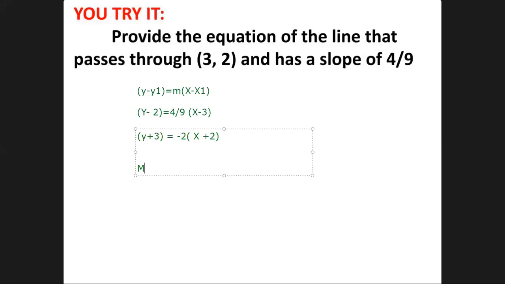I'm looking for m, and give me a point the line passes through. So you have y plus 3 equals negative 2 x plus 2. I'm looking for the slope and the point.